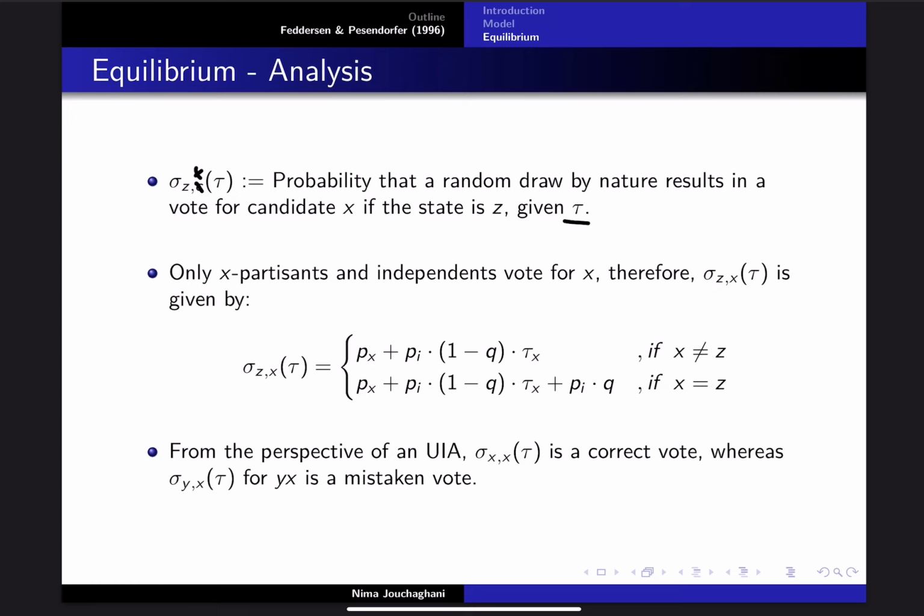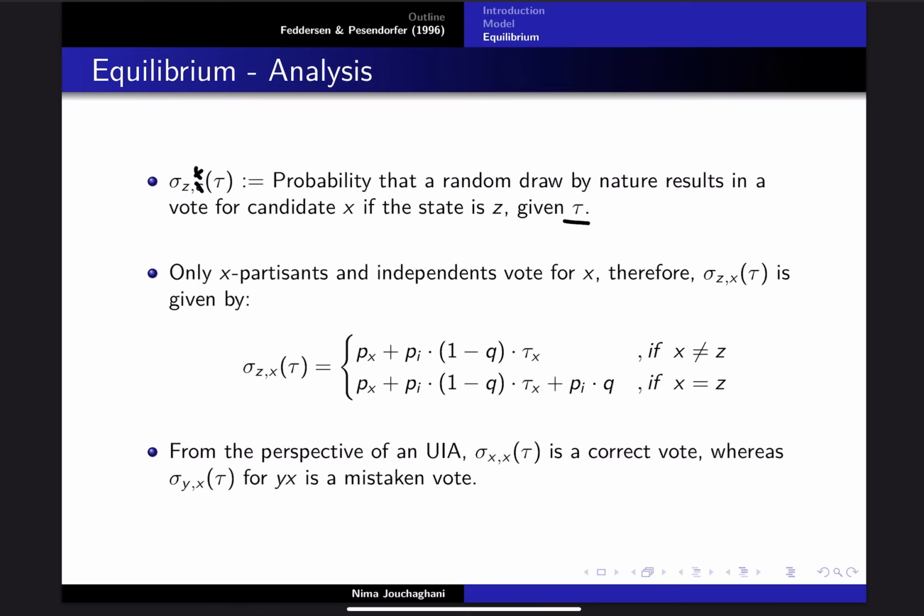We fix a strategy profile tau for the uninformed independent agents. The behavior of all the other agents in the model is fixed. And then we look at the probability that a random draw by nature results in a vote for candidate X if the state is Z.